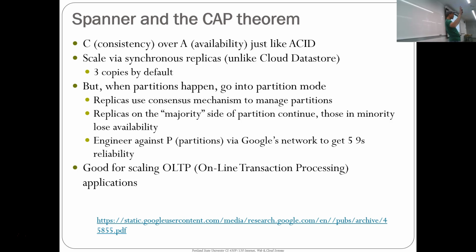In a partition, you're either with the 2 or you're with the 1. If you're with the 1 and can't connect up to the other 2, you would not accept any writes. You could still do some reads, but you're not allowed to do any writes because you're not part of the quorum, whereas if you are connected to the 2 in the majority, you can make progress. So that's the tweak that Cloud Spanner is trying to do.